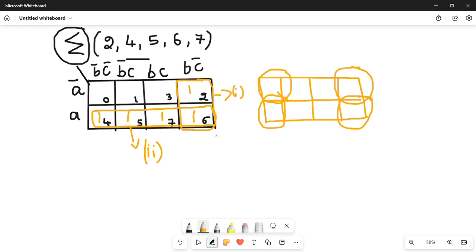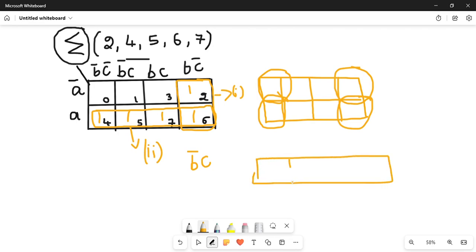So now if I consider this first one, what's going to happen is that it will be nothing but B bar C, plus here, if you see, there is a line of 4.